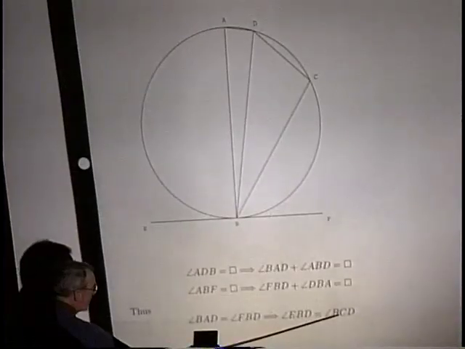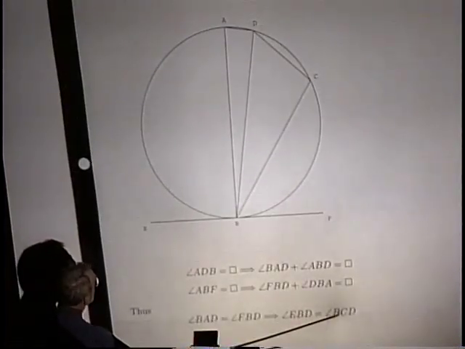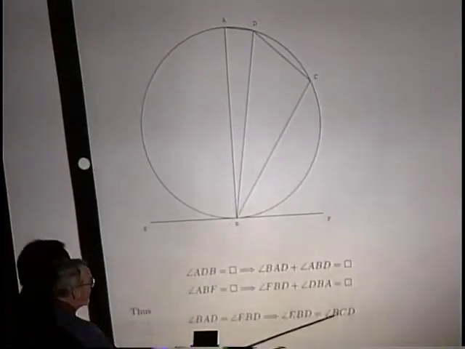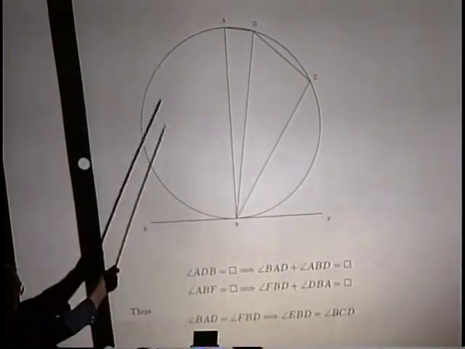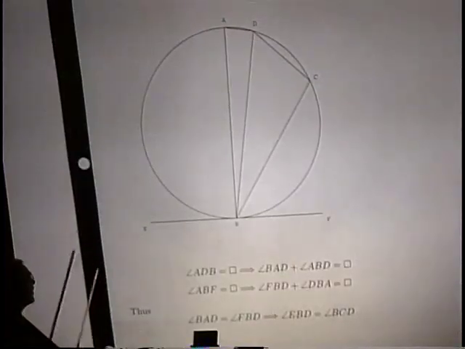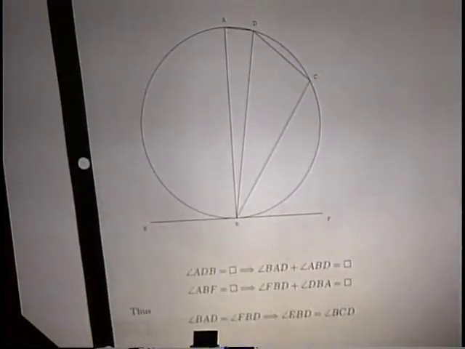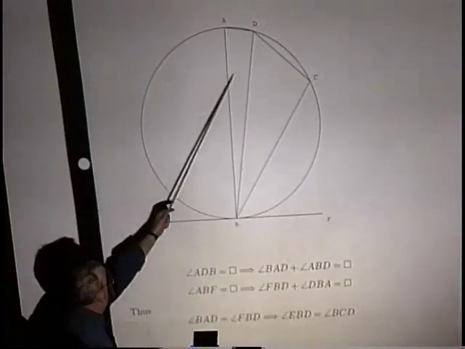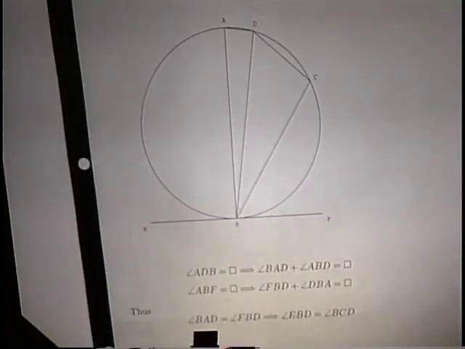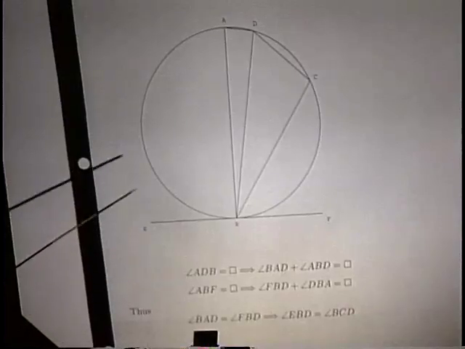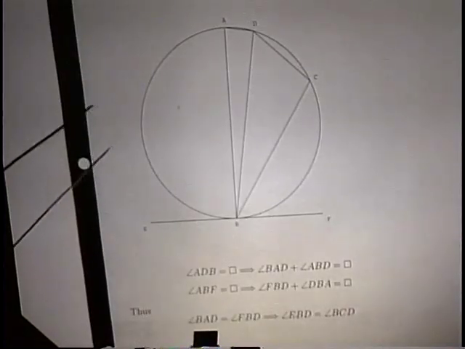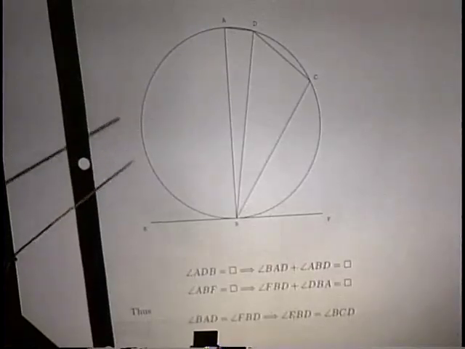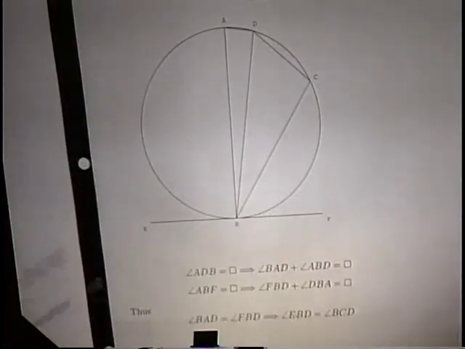And this, which is the other one, BCD, which is supposed to be equal to EBD, this one plus BAD is the sum of two right angles, because I was very careful to begin the hour with the proof that the sum of the two opposite angles in a quadrilateral, and this kite-like figure is a quadrilateral, was two right angles.